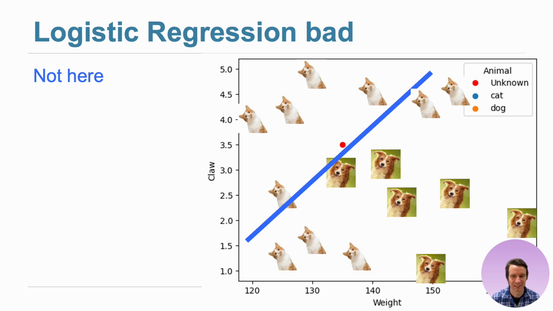But simply cutting it by a line will not do it, right? So don't rely on saying I apply logistic regression and life will be great. Sometimes yes, but sometimes you have to use a little bit more complicated things, right?